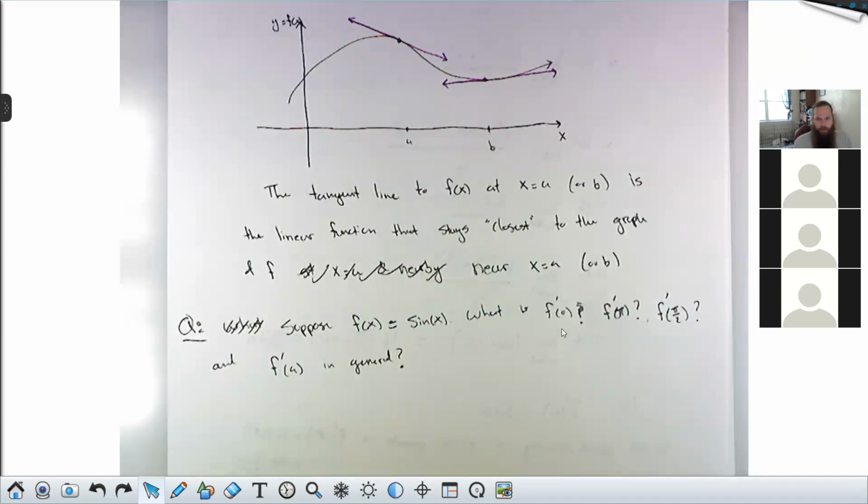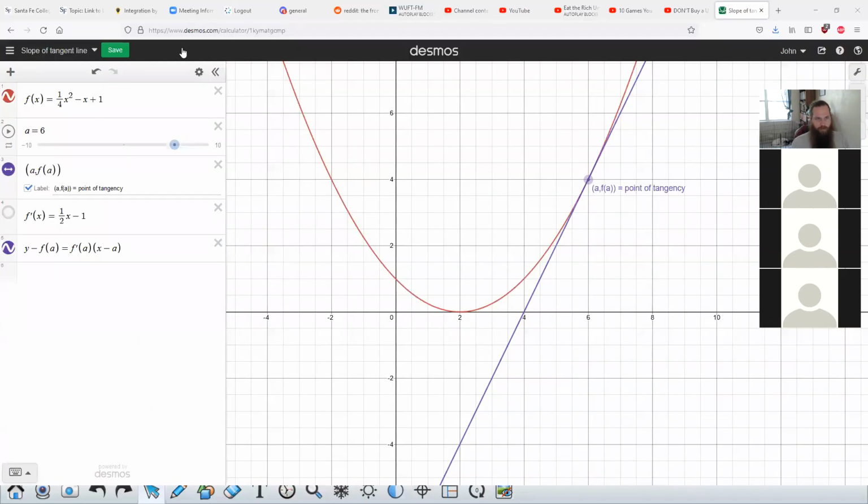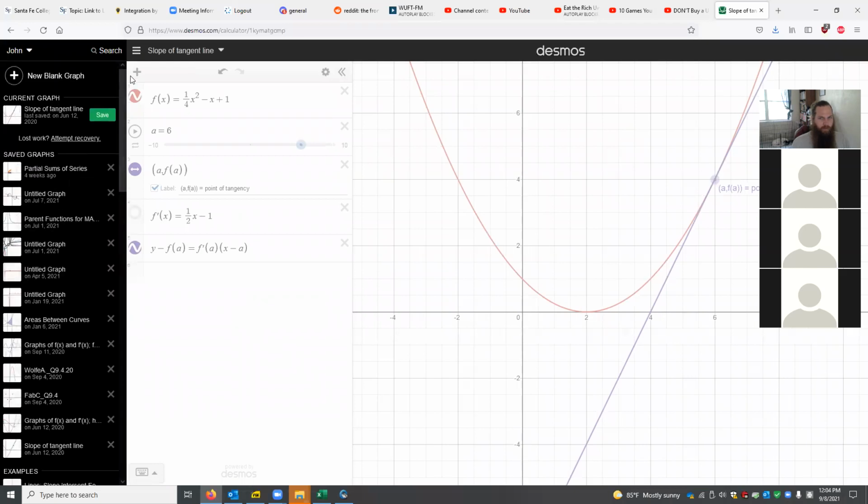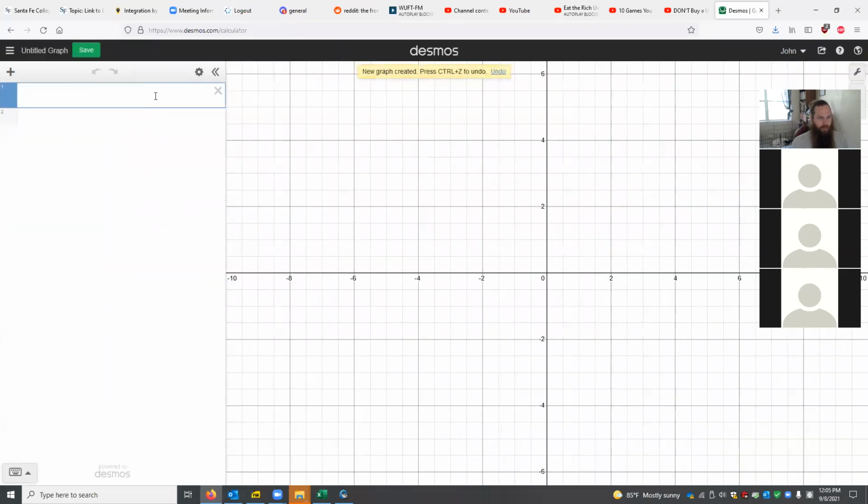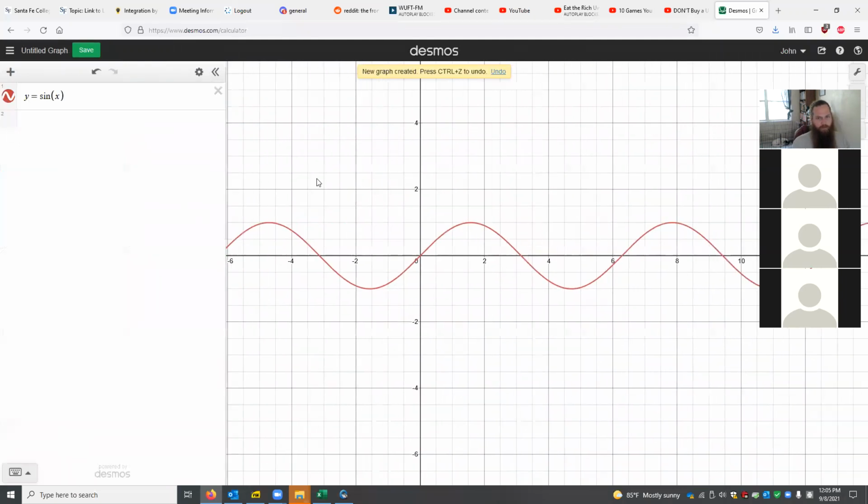I would like for you guys, since this is an honors class, to look at the graph of sine and just try to figure out a few of these. So let me actually do some of that with you really quick. Here's the graph of the sine function. Here's 0, here's pi over 2, and here's pi.